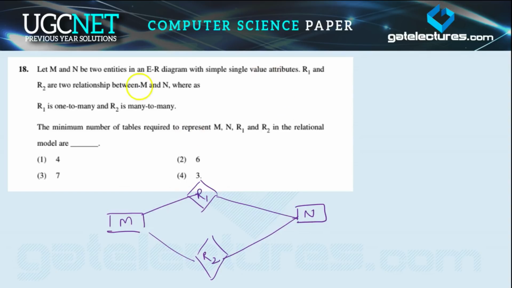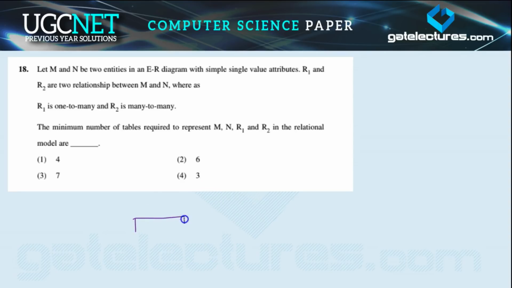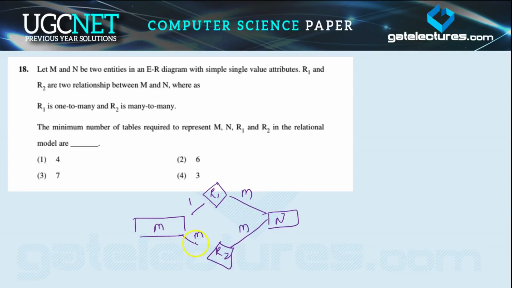Okay, and you can see that R1 is 1 to many, so write it down, 1 to many, and R2 is many to many. The question asks for the minimum number of tables required to represent M, N, R1 and R2 in the relational model. So this is M, this is N, this one is R1 and this one is R2, and this is 1 to many and this is many to many.